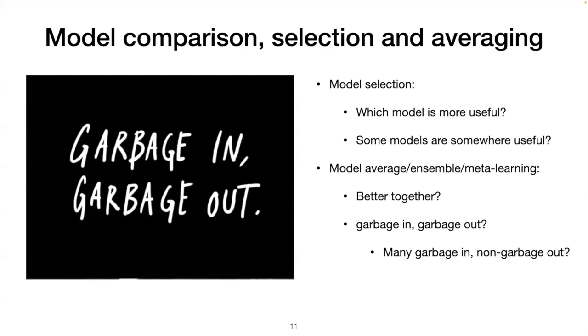Is that really the case? Actually, that's not really the case, right? Because, for example, in boosting, you can have many horrible models, but after you average or mix over them, you have a much better result. So yes, if you have garbage in, you have garbage out. But if you have not-so-many garbage in, maybe you have something better out.